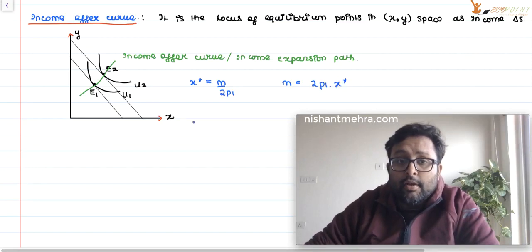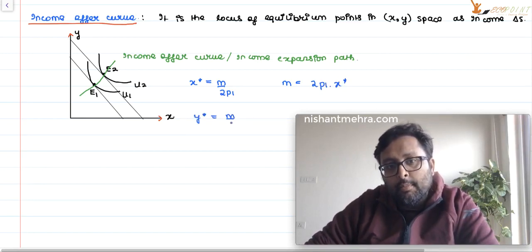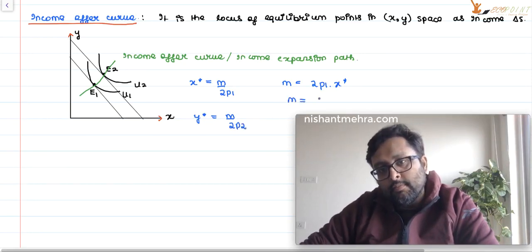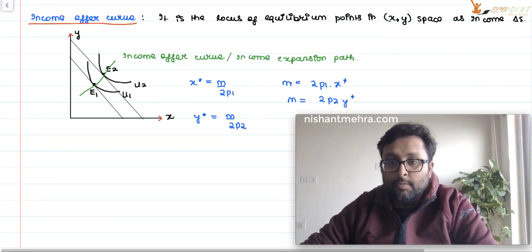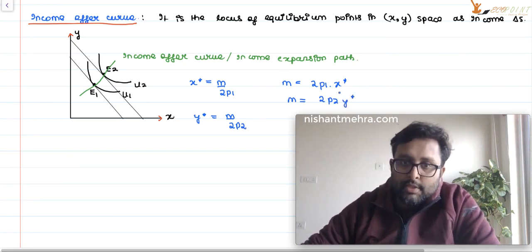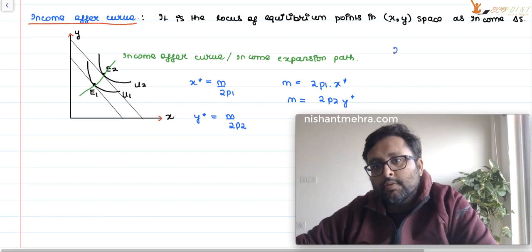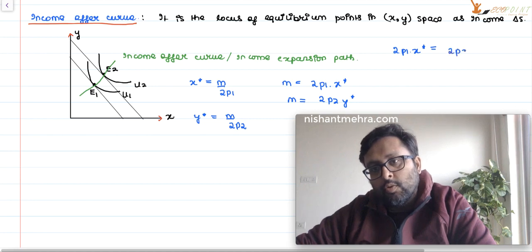You've also derived y star as m by 2p2. So I can write m as 2p2 y star. Now I can equate these two m's, the same. So it is 2p1 x star equals 2p2 y star.